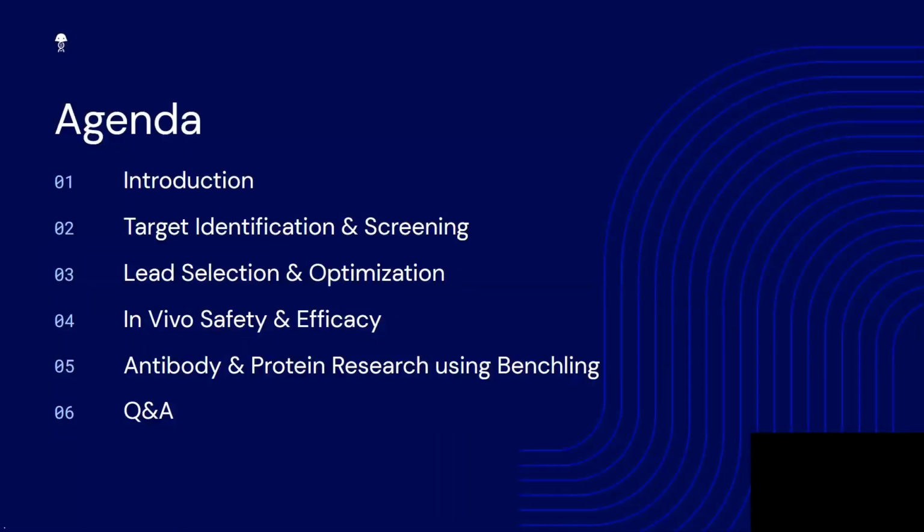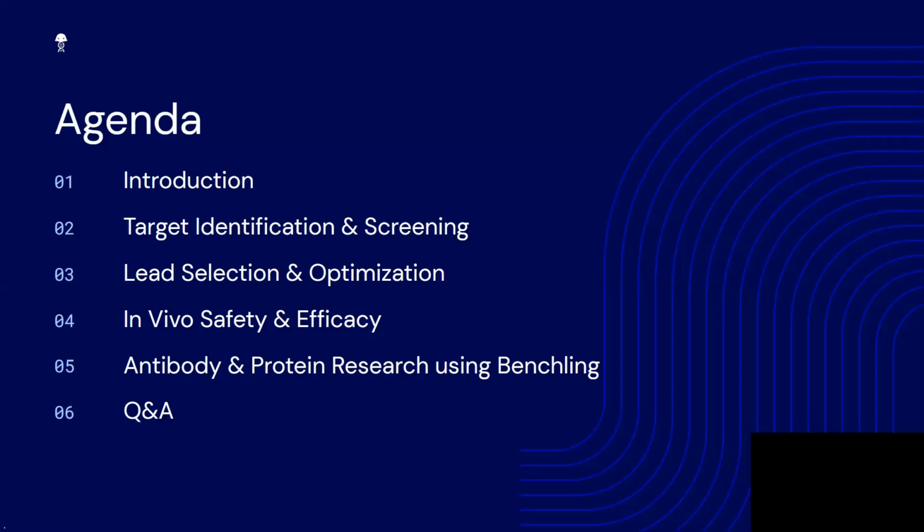So let's talk about our agenda for today. We are going to talk about antibody drug discovery, with just a quick disclaimer that this is a pretty diverse topic and there are lots of ways to dig into it. So we'll cover some primary topics, but certainly not an exhaustive list. We'll start off with target identification and screening.